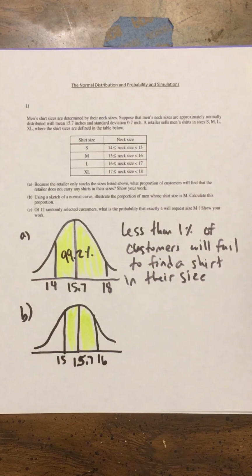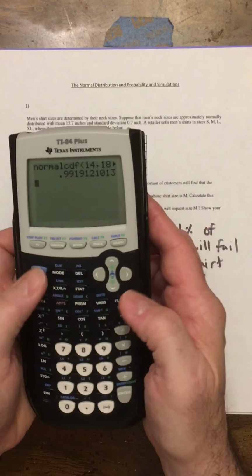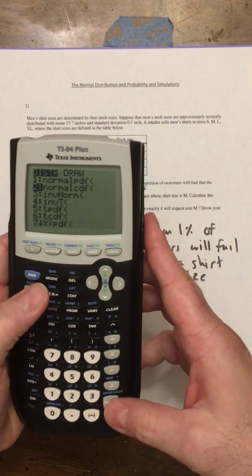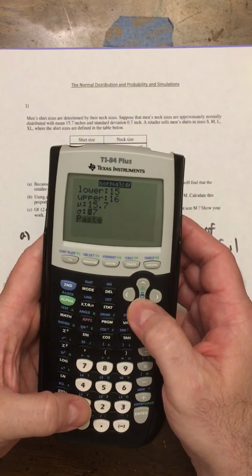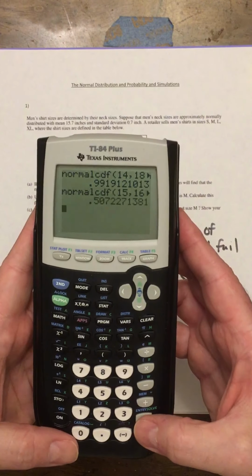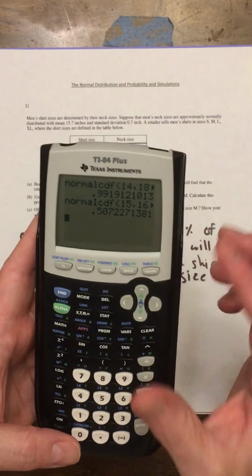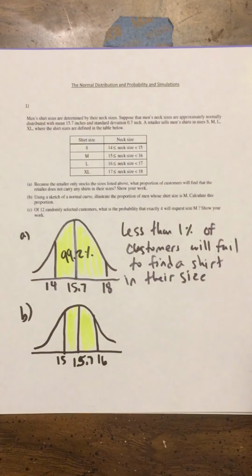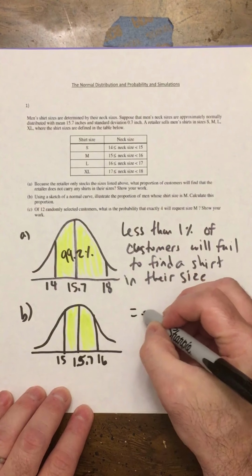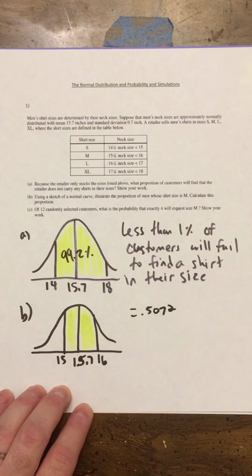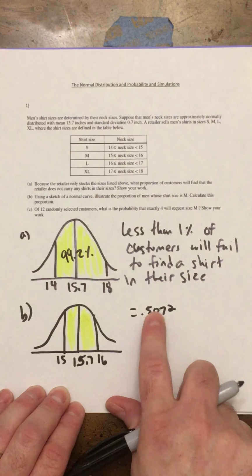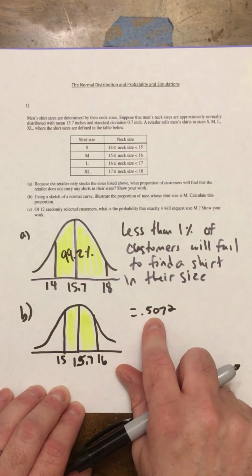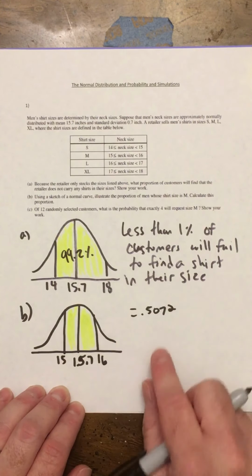Basically going to be doing the same thing. We're going to go to the distribution normal CDF. This time we want to go from 15 to 16. Same mean, same standard deviation, and here we get 0.5072. So this is the proportion of men who need a medium size, okay?